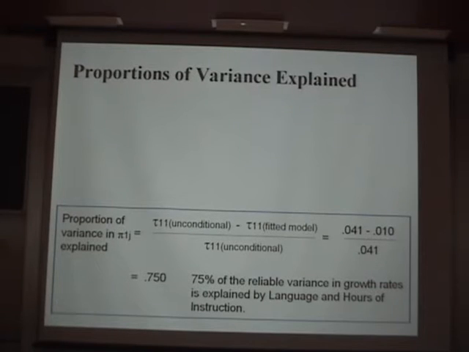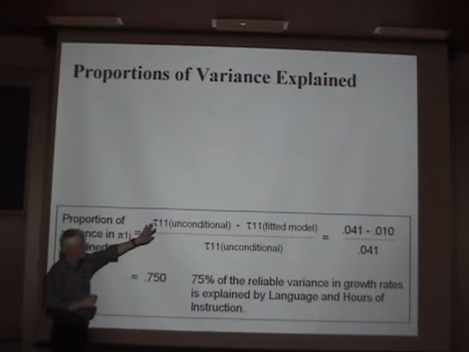We would want to calculate the proportion of explained variance in these slopes. That makes sense because those predictive variables were significantly related to slopes, the trajectories, so we can calculate the proportion of variance in slopes that is explained by the two predictive variables.